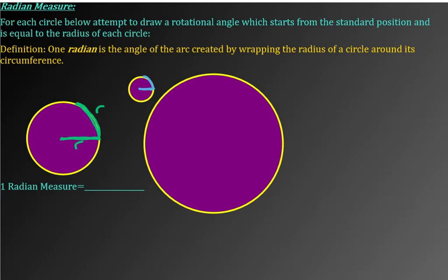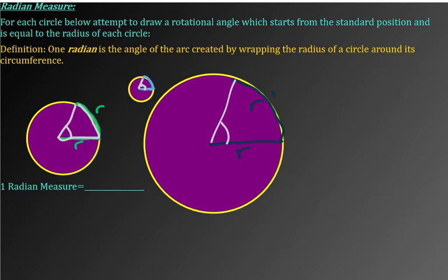So here's the radius, a big radius, wrapped around, let's say that's equal, r and r. If you look at all of these and close off the angle, those are all going to be the same. You could keep doing this for different circles, and you're always going to get the same measurement.